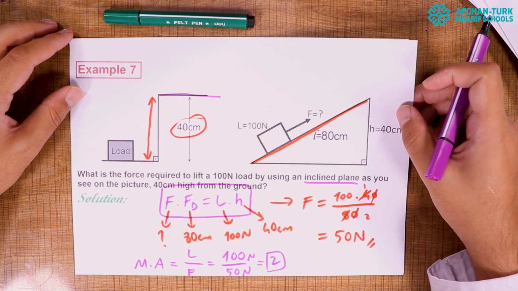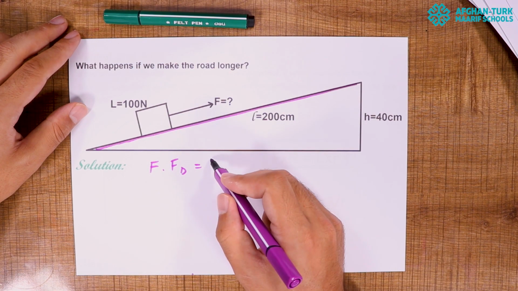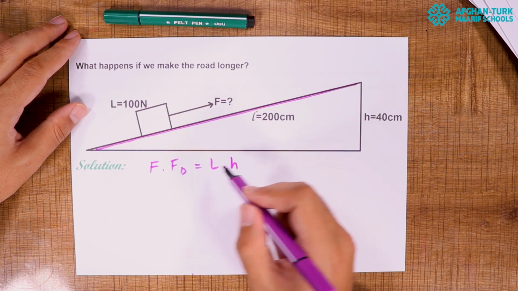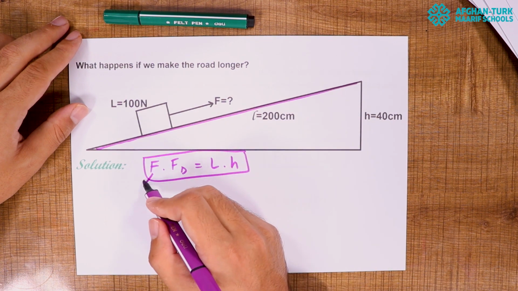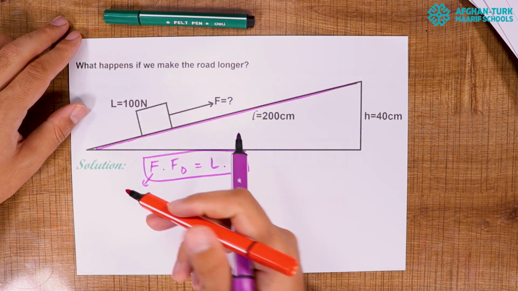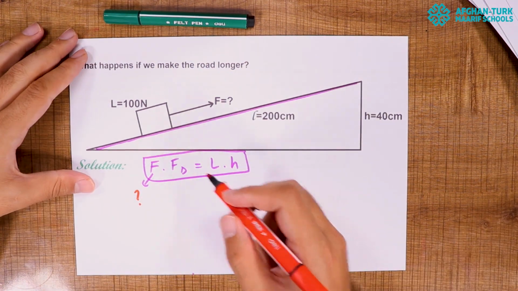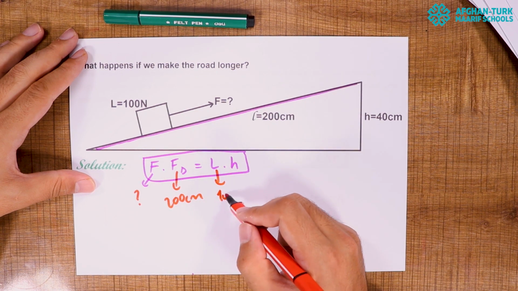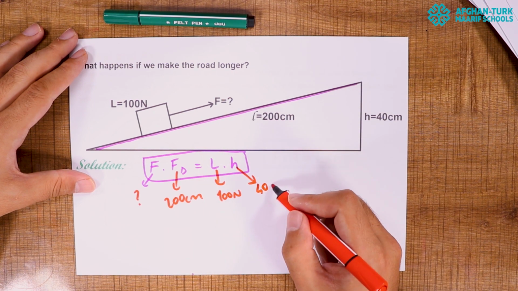So what happens if we lengthen the distance? Again, force times force distance is equal to load times load distance, which is 40 centimeter here, and that's height. Again, I'm looking for the force. The force distance is 200 centimeter, and load is equal to 100 Newton again, and the height is same, 40 centimeter.